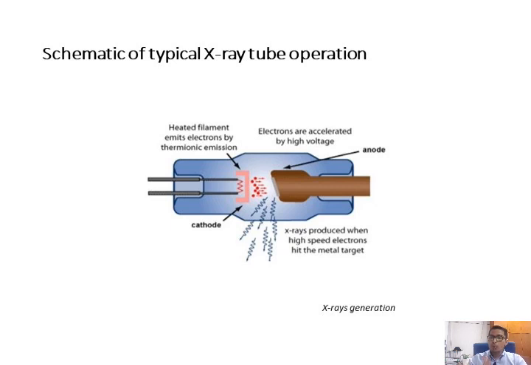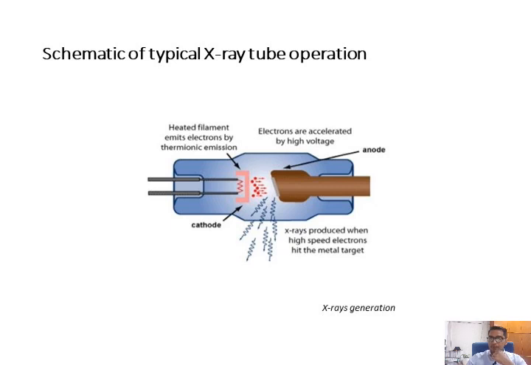The electron will be accelerated to the anode part, producing X-ray. So the acceleration of the electron is due to the difference of voltage and potential. X-ray is produced when the high speed electron hits the metal target, and finally it goes out from the system through the beryllium window.